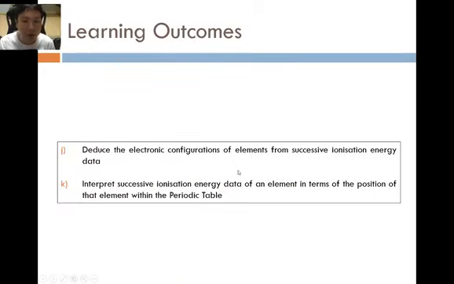Okay, so deduce the electronic configurations of elements from successive ionization energy data. The point is, pay attention to the jumps. The jumps will tell you how many electrons there are in the valence shell, and that will tell you the group number. Then interpret successive ionization energies of an element in terms of the position of the element within the periodic table.